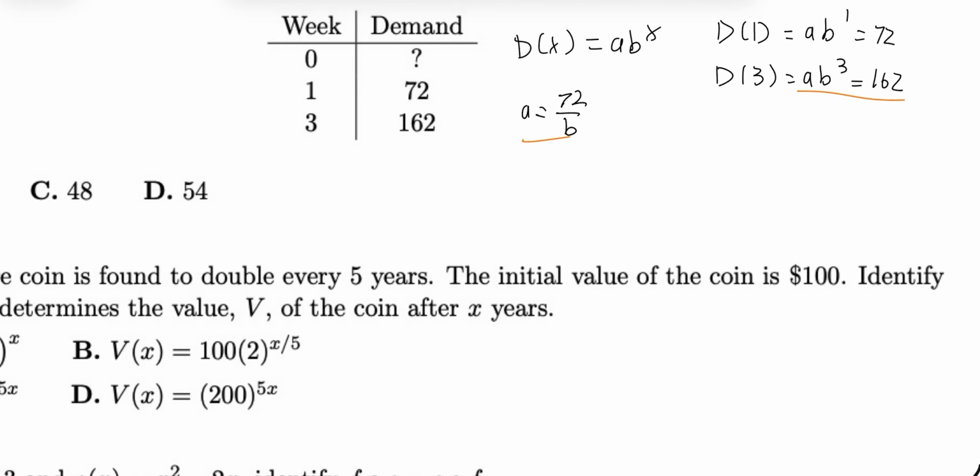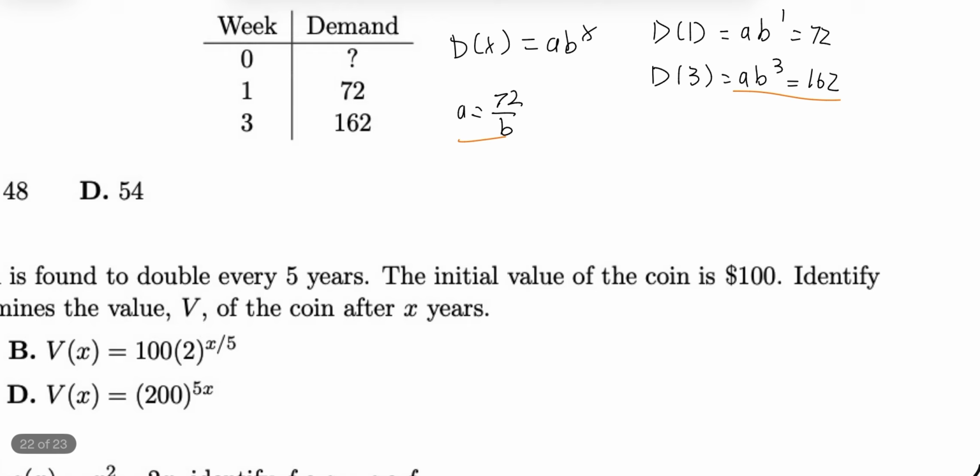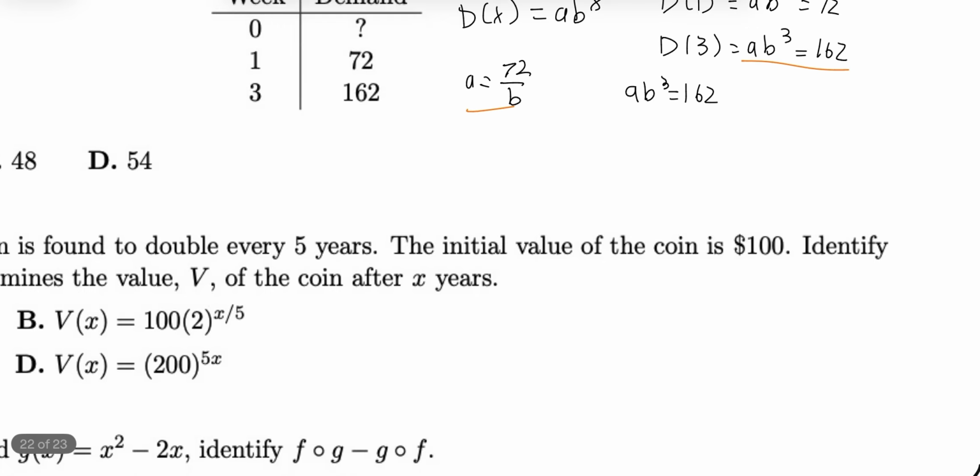So we have a b cubed is equal to 162, right? We have 72 over b times b cubed.